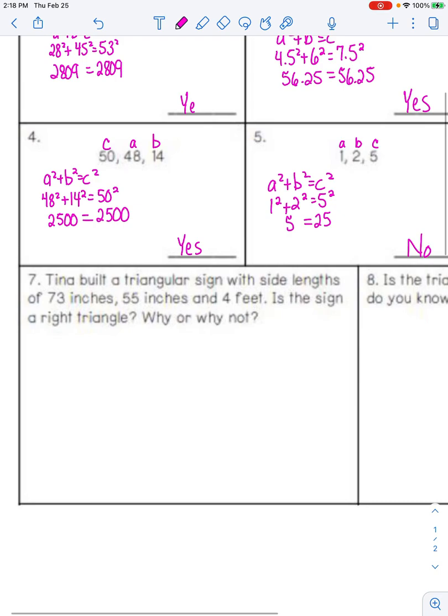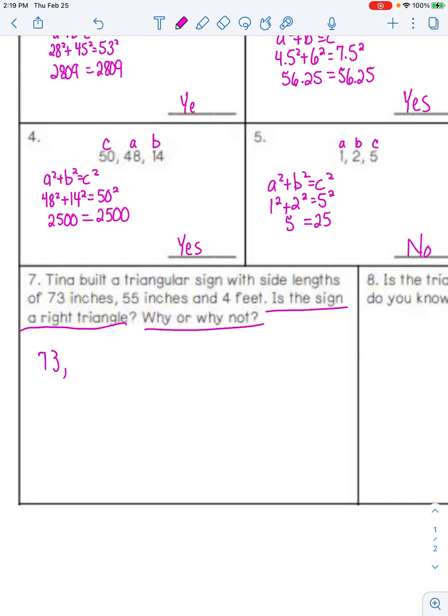Now let's look at number 7. Number 7 says, Tina built a triangular sign with these side lengths, 73, 55, and 4 feet. Is the sign a right triangle? Why or why not? So we have 73, 55, and 4.